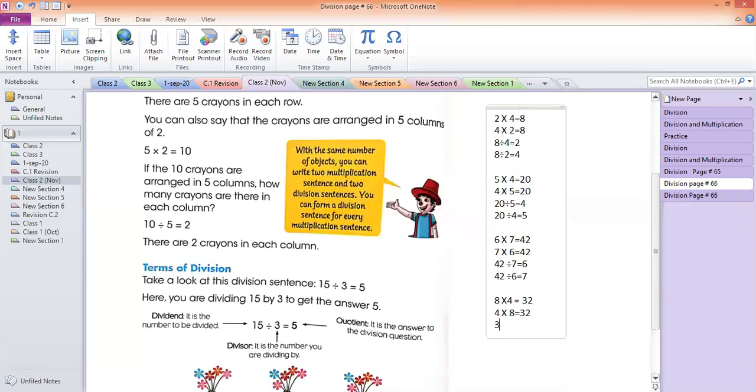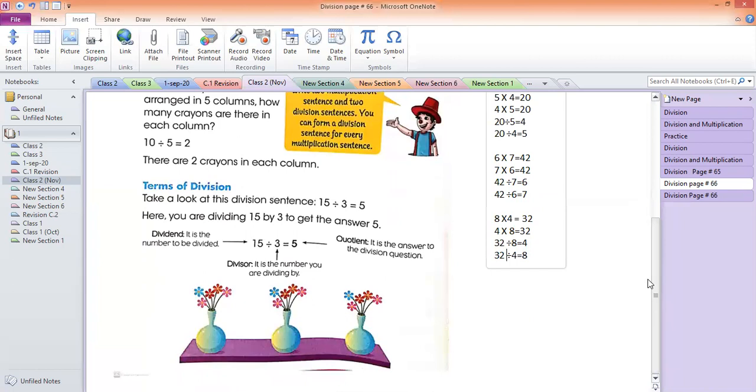And for division, you can write the bigger number first. 32 divided by, and divide by either number. If I divide by 8 first, then the other number will be the answer, so I'll write 4 here. When I divide by 4, the answer will be 8. So 32 divided by 4 equals 8, and 32 divided by 8 equals 4. In that way, you can write multiplication and division sentences.